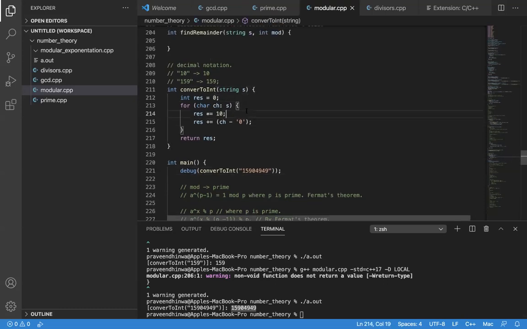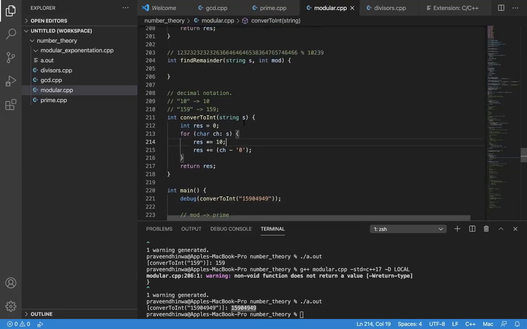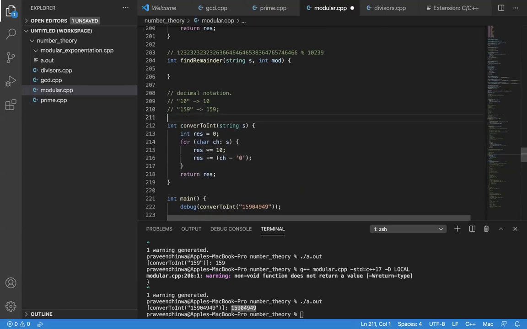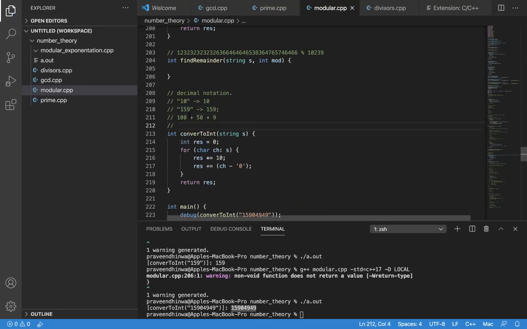So what is happening? You can write 159 as 100 plus 50 plus 9. Essentially, you are going from left to right, and this reg tells you whatever was the previous number.